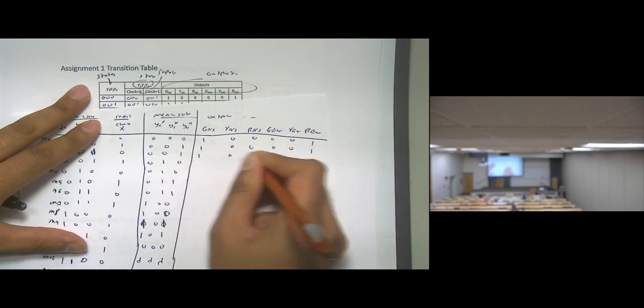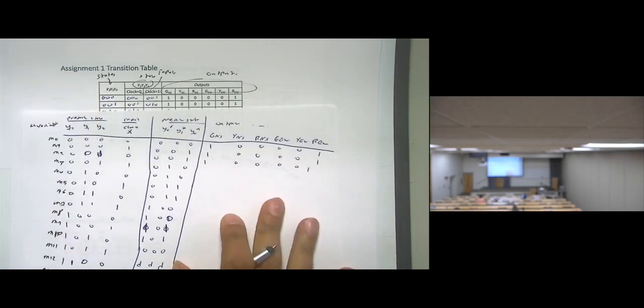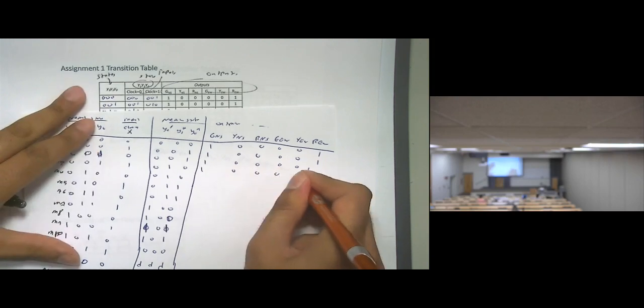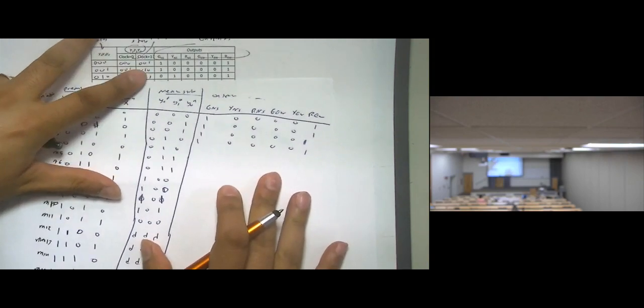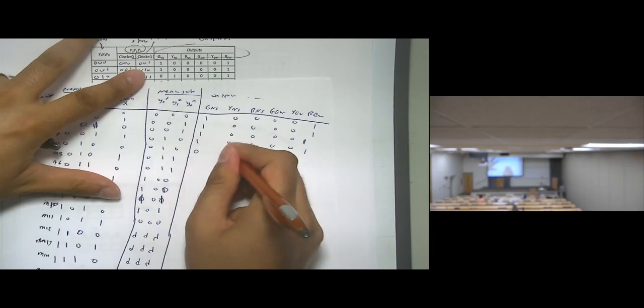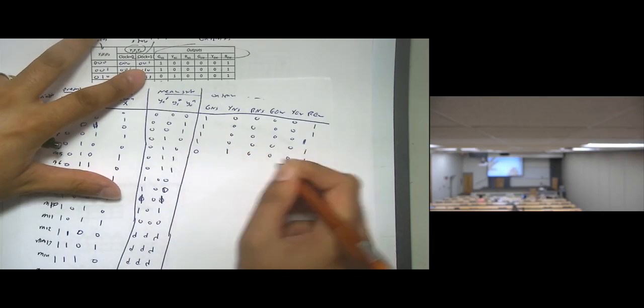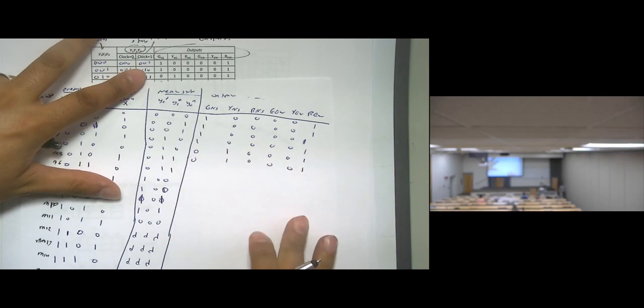It will be 1 0 0 0 0 1. Then it will be 1 0 0 0 0 1. Then 0 1 0 0 0 1. Again 0 1 0 0 0 1.